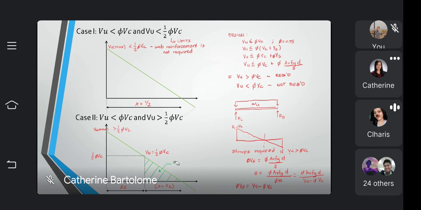Malight ba? Okay lang, ma'am. Sakto lang naman, ma'am. Okay, so at this area, web reinforcement is not required. Kasi it falls under case 1.